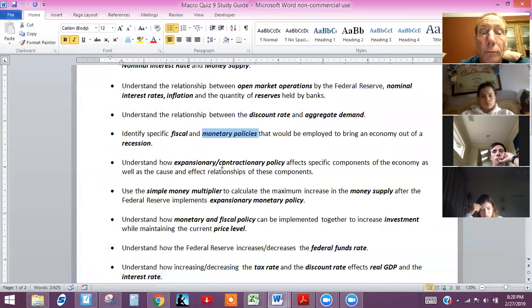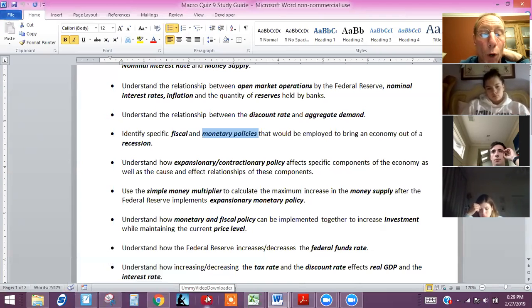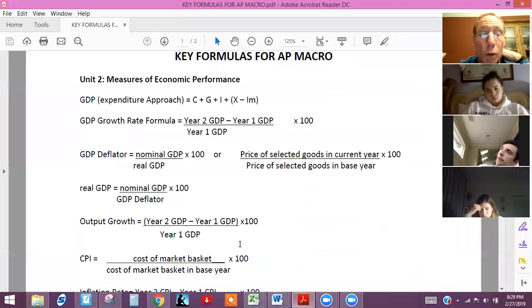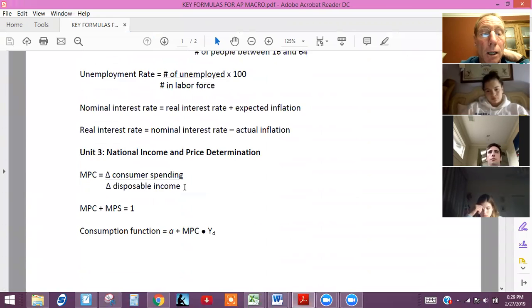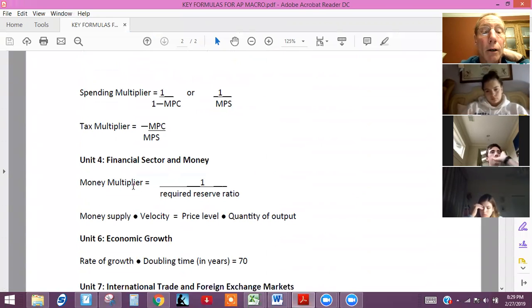Okay, so let's see. Understand how to use the simple money multiplier to calculate the maximum increase in the money supply. If you know that there's a certain amount of money going into the money supply, we need to use the simple money multiplier, which is simply 1 over the reserve ratio.